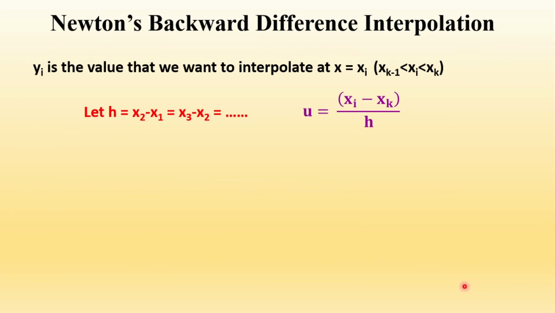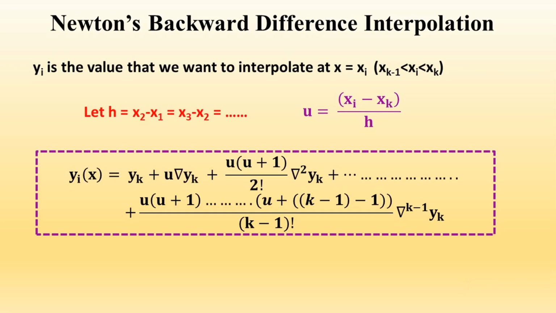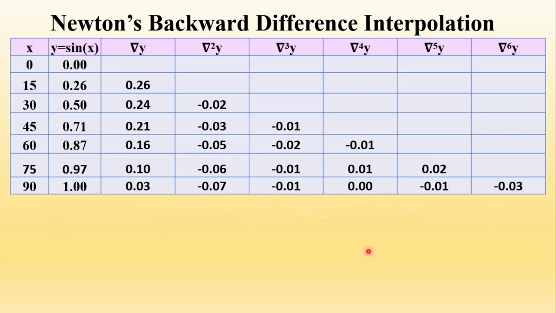Now we can calculate the value of yi using this formula. These values of yk, nabla yk, nabla 2yk we get from the backward difference table, and u we have already calculated here. So in this way we can find out the value of yi. Let's take an example.